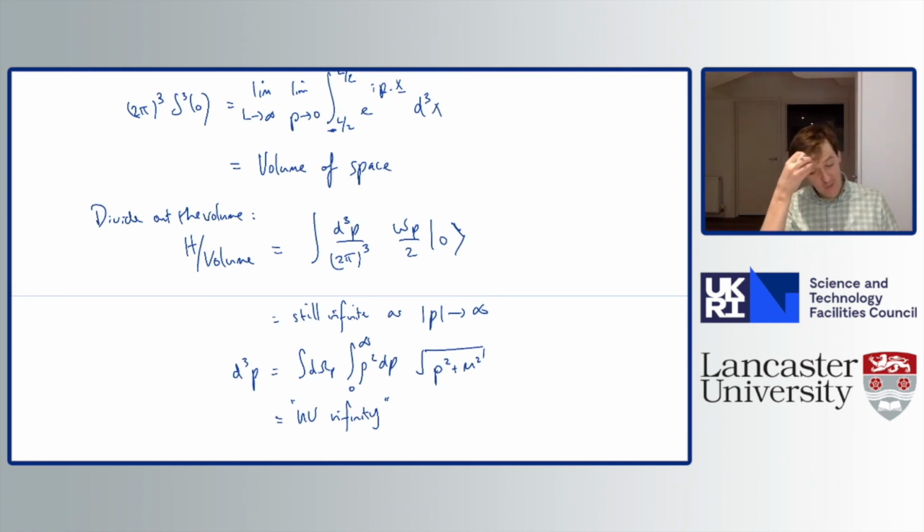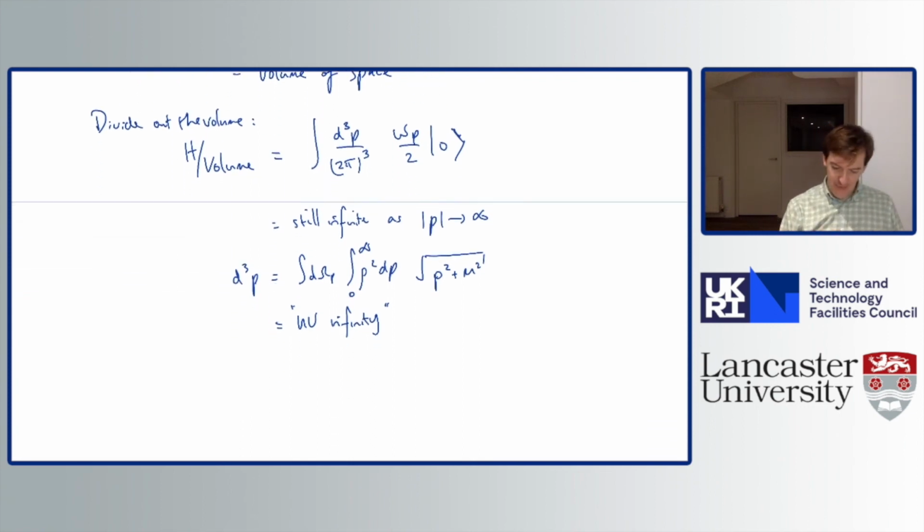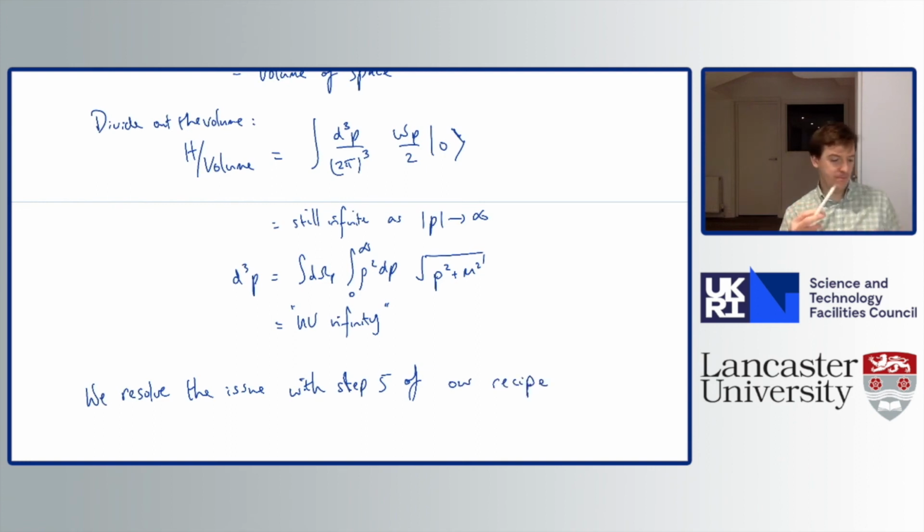So what's the deal? Well, this is where step 5 of our recipe comes into play. See if you can remember what step 5 of our recipe was. Remember, we started by writing down the Lagrangian.